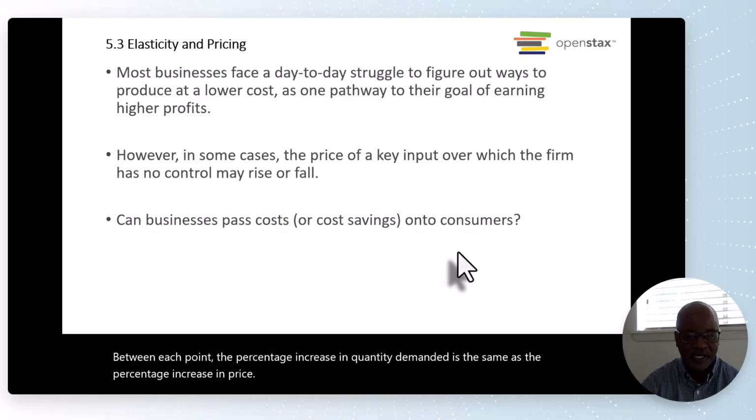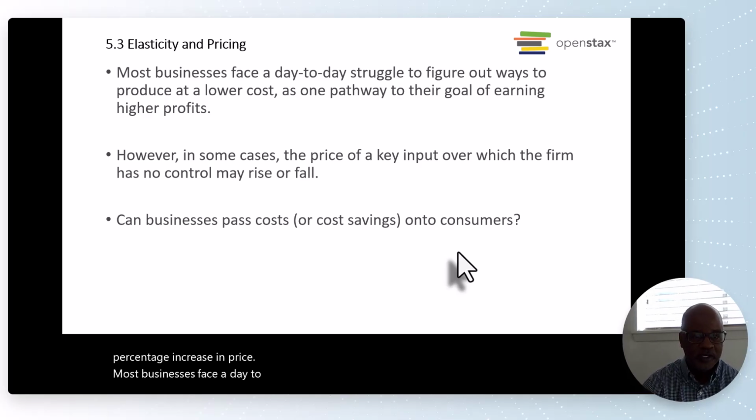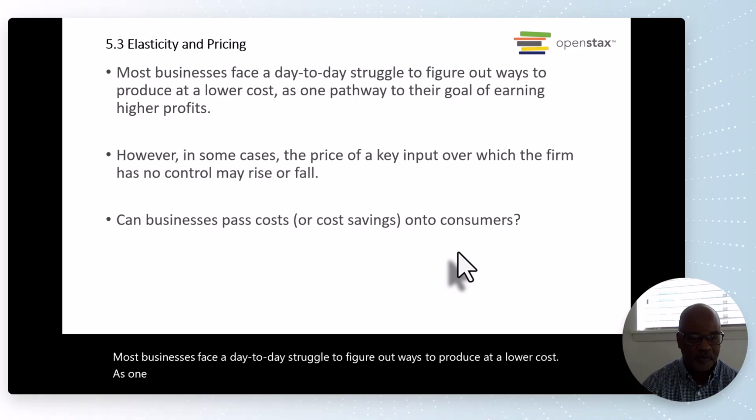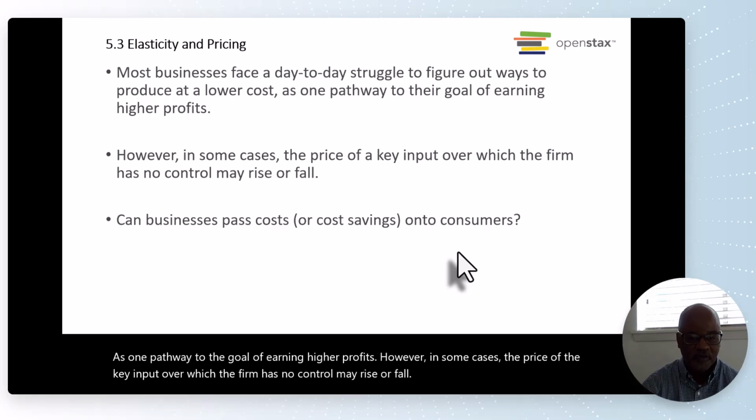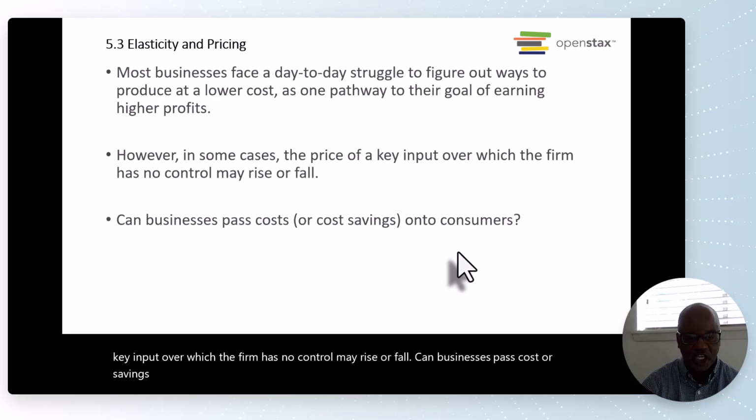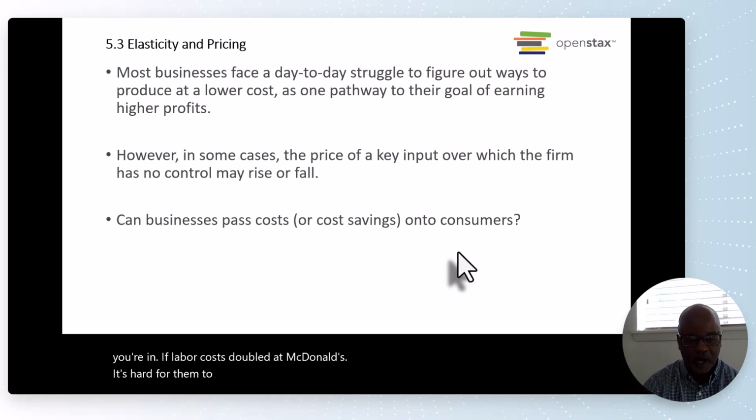Most businesses face a day-to-day struggle to figure out ways to produce at a lower cost, one pathway to their goal of earning profit. However, in some cases, the price of a key input over which the firm has no control may rise or fall. Businesses may pass costs or savings on to their customers. And that's the challenge. It all depends on what type of business you're in. If labor costs doubled at McDonald's, it's hard for them to absorb that doubling of labor costs. They're going to have to pass that on to consumers in the form of higher prices.